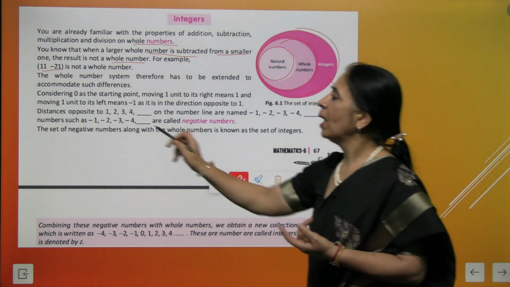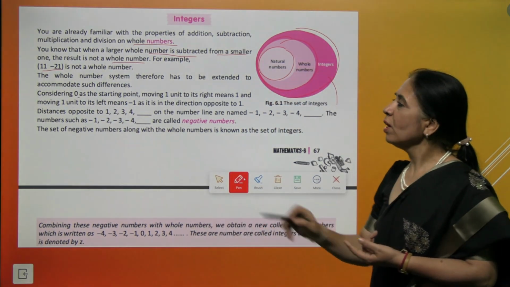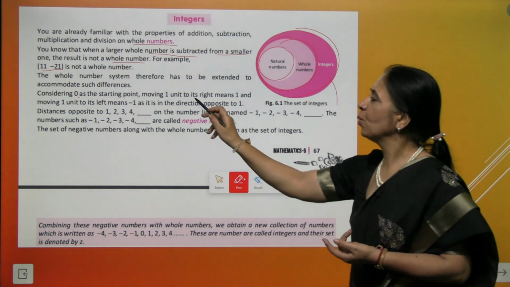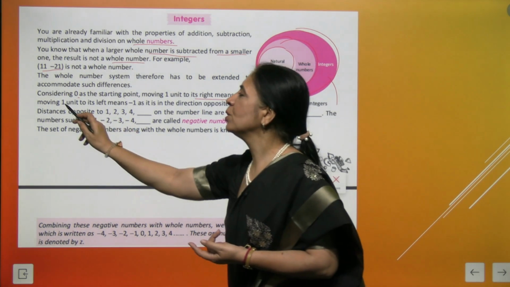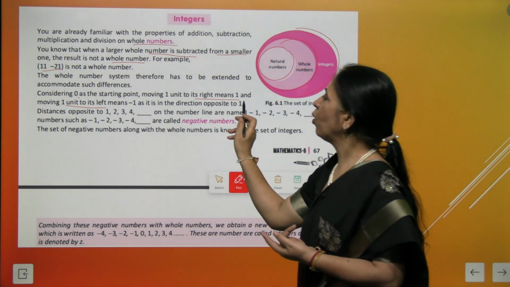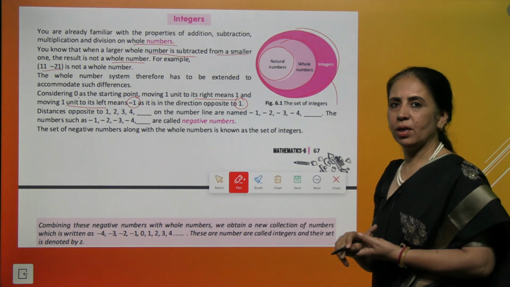Ok, so suppose we start from 0. So if we say 0 is the starting point and when you move 1 unit to the right means 1, and when you move 1 unit to the left that means -1. That means what is 1 and -1? They are opposite to each other, right?